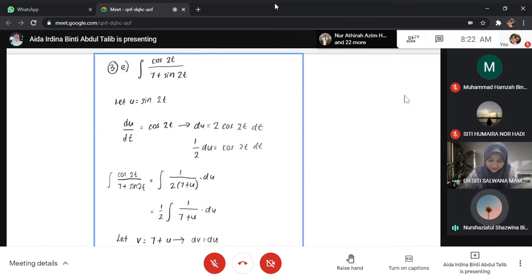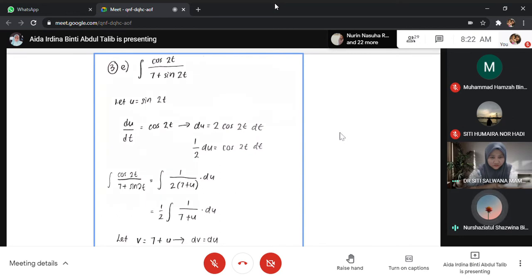First I use integration by substitution. I let u equal to sin 2t, and using u and du above, I rewrite the integral of cos 2t divided by 7 plus sin 2t dt, which is the integral of 1 over 2 times 1 over 7 plus u du. Then I use the constant factor rule, which gives 1 over 2 times the integral of 1 over 7 plus u du.